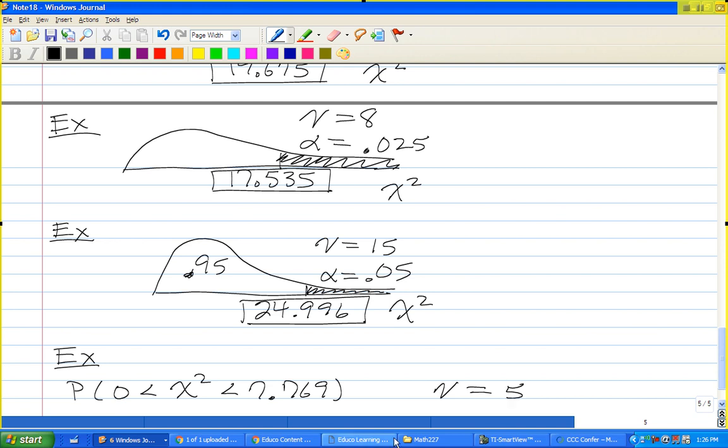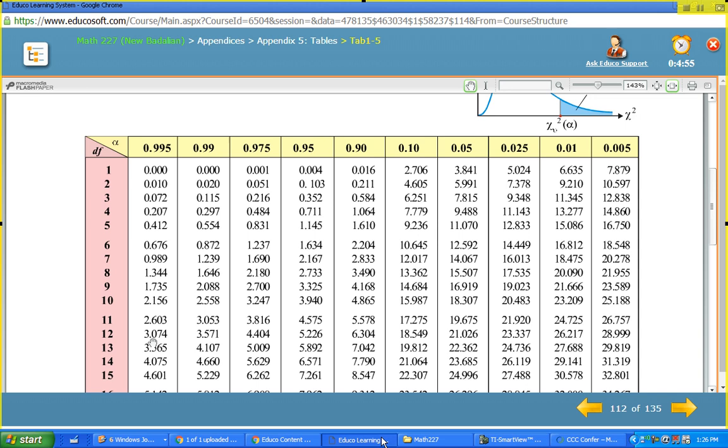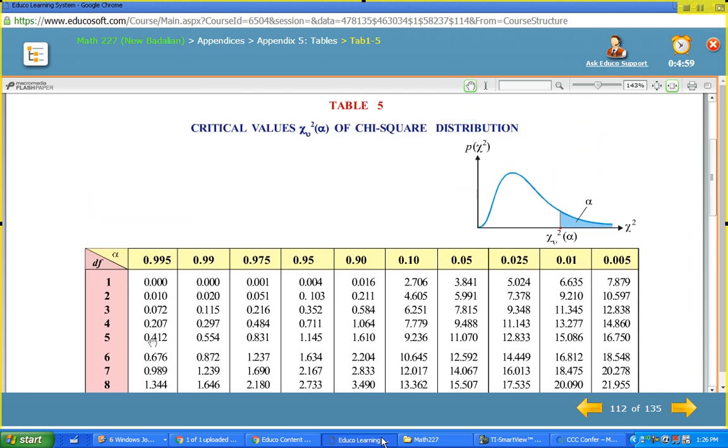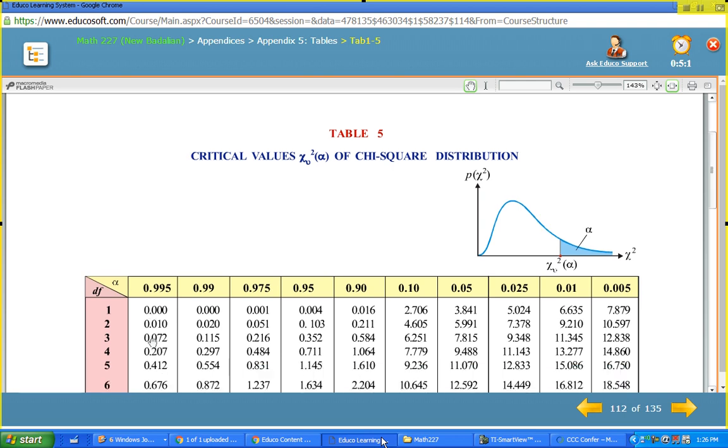Okay, so I look here, and I have that my degrees of freedom is 5. And I want to look for 7.769. And well, it's nowhere to be found. It's somewhere in between these two values, but certainly all these values are much too far from each other.